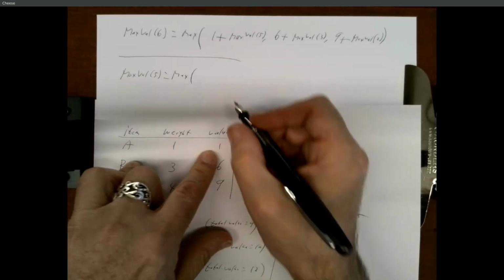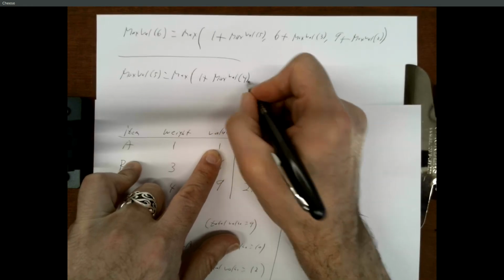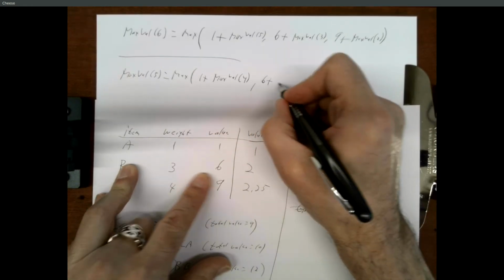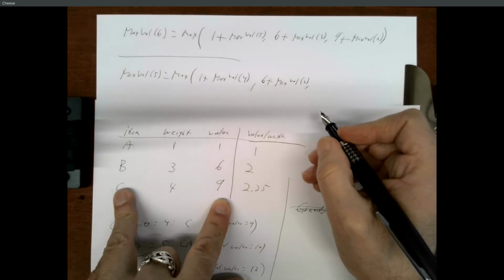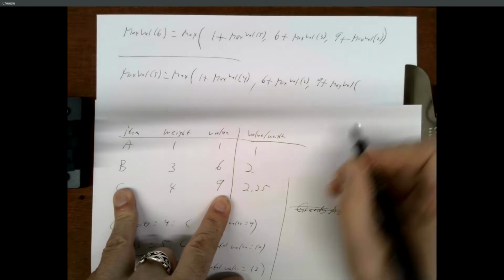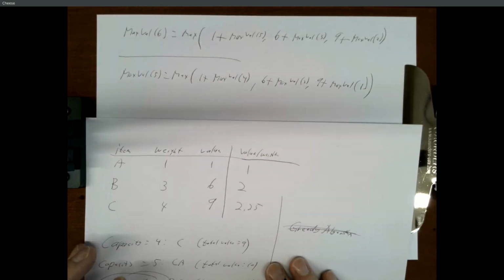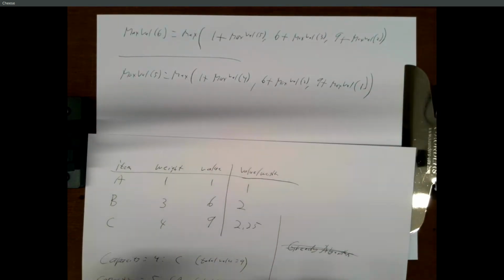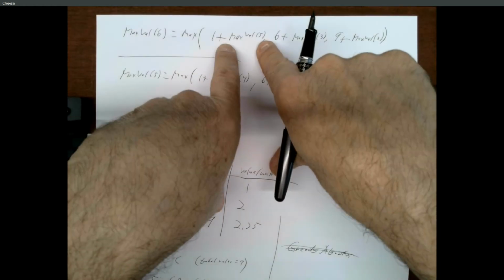Well, max val of 5 is equal to, well, the same thing. Value of 1 plus max val of 4, or 6 plus max val of 2, or 9 plus max val of 5 minus 4 is 1. So we've got this recursive tree that's starting to blossom out sideways, right? This is all in the service of calculating max val 5.